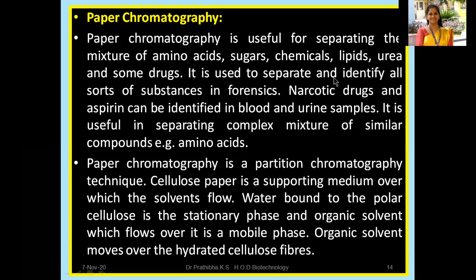It is used to separate and identify all sorts of substances in forensics. Also, narcotic drugs and aspirin can be identified in blood and urine samples. It is useful in separating complex mixtures of similar compounds, for instance amino acids.